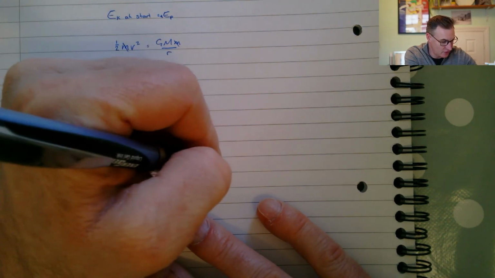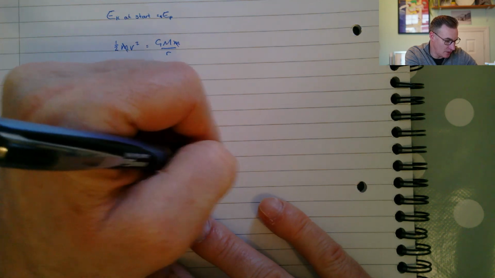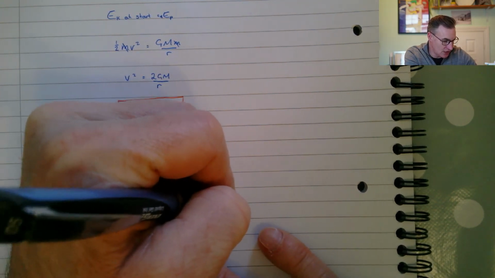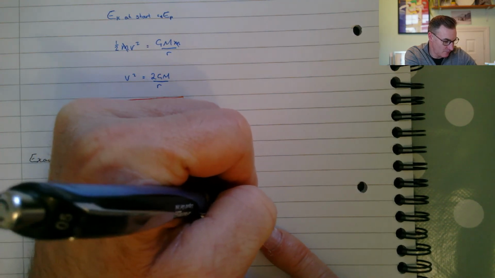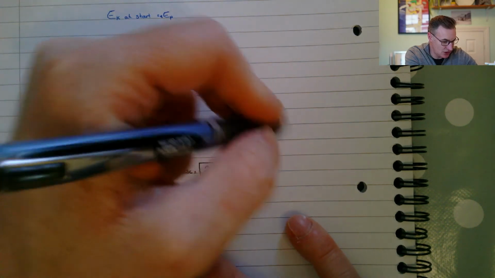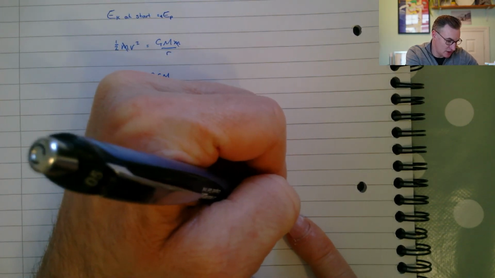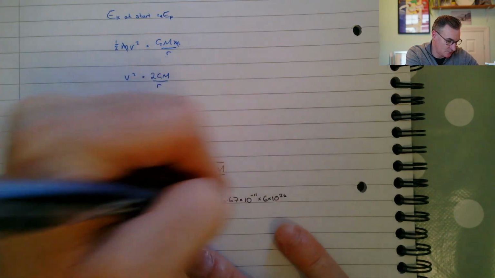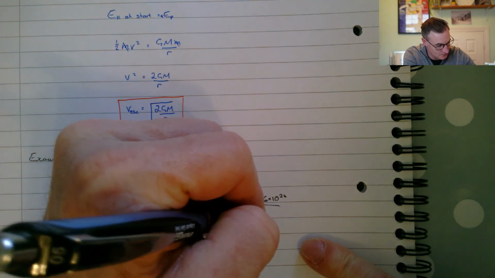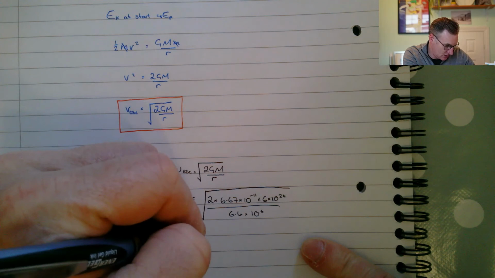the square root of 2 big G big M over R. So 2 times 6.67 times 10 to the minus 11, that's G, times the mass of the Earth, 6 times 10 to the 24, over the radius of the Earth, which is 6.4 times 10 to the 6, and the square root of all of that.